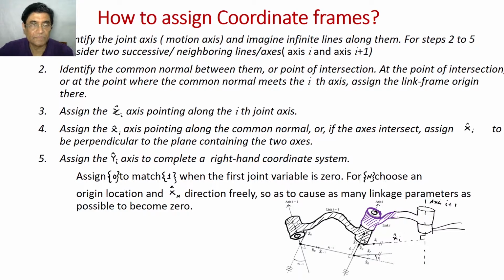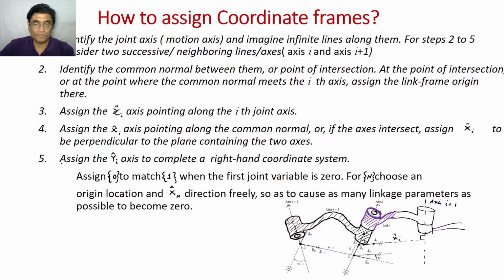So it is telling us to assign xi cap, a unit vector, pointing along the common normal, or if the axes are intersecting, assign xi cap perpendicular to the plane containing the two other axes.